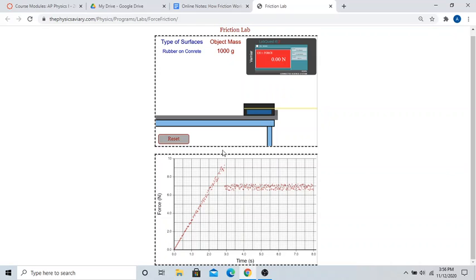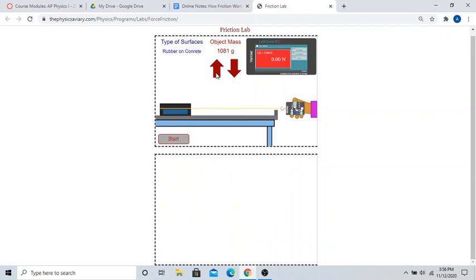Now, you'll see the maximum static friction force in this case is about 9 newtons. That's the most friction this thing can exert and not break. If you go any higher, all of a sudden, all the ridges start to break and it starts to move. All right? Now, there are two things we can change. Let's change how much mass I have in the object. Let's say I have 1,000 grams, and I bump it up to 2,000 grams.